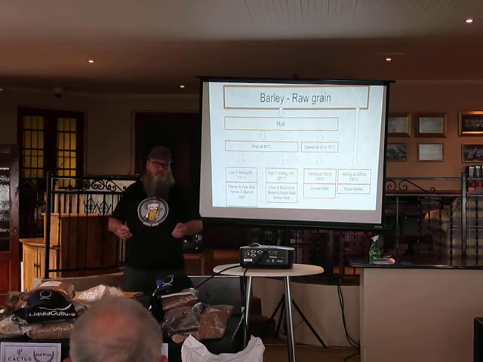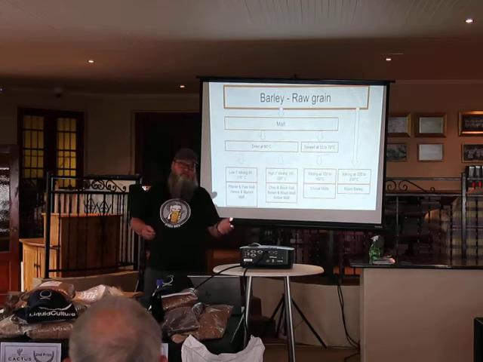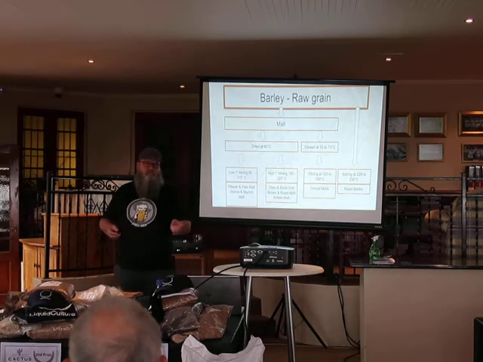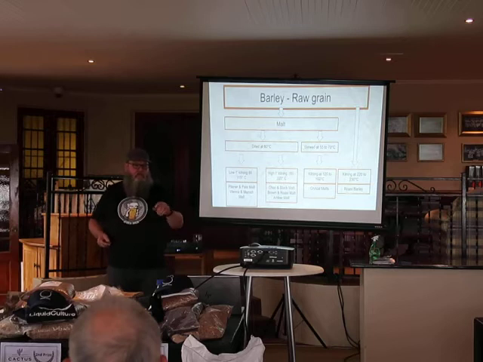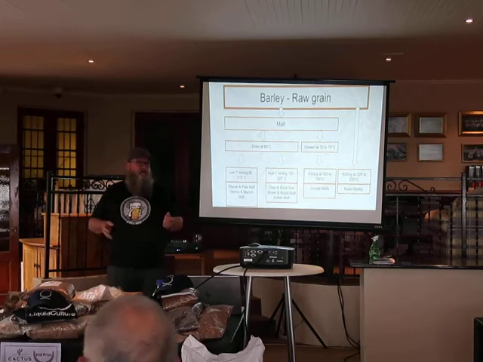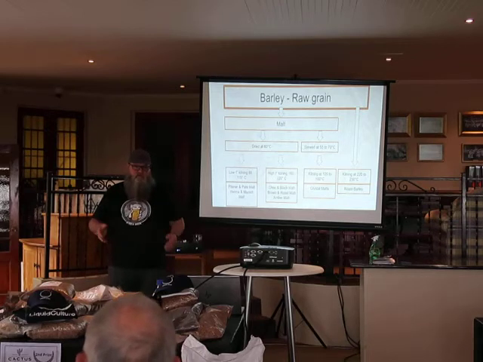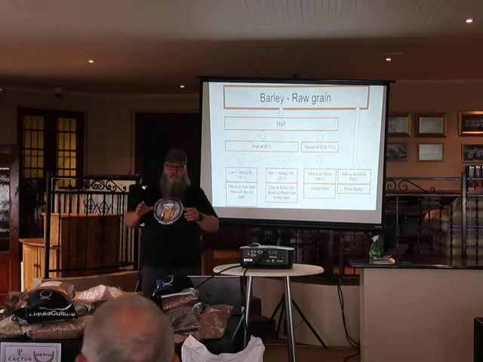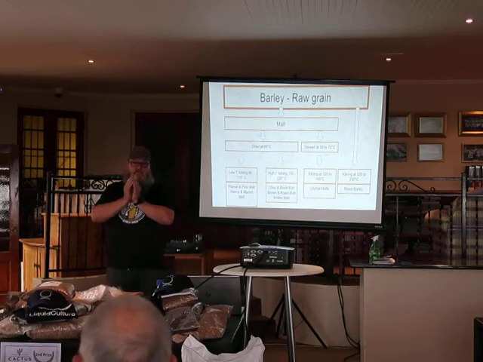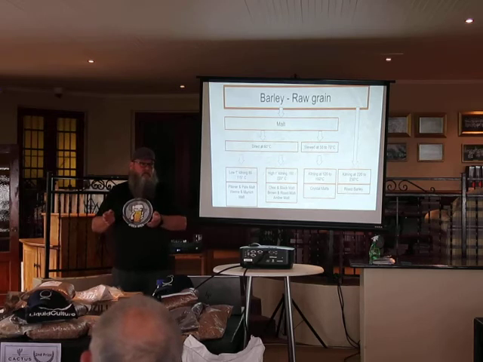Now the difference between your roasted and normal kiln malts and your crystal malts is, when they make the crystal malts, they take it directly while it's still wet, and then they do it like a mash cycle, similar to what we do as brewers, where they convert those starches into sugars, but they do it inside the husk.